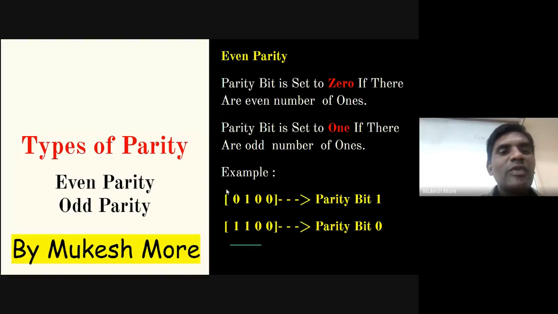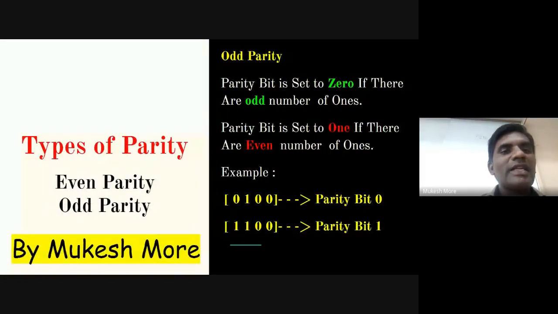The next point is odd parity. And what is odd parity? The parity bit is set to 0 if there are an odd number of ones, and the parity bit is set to 1 if there is an even number of ones.